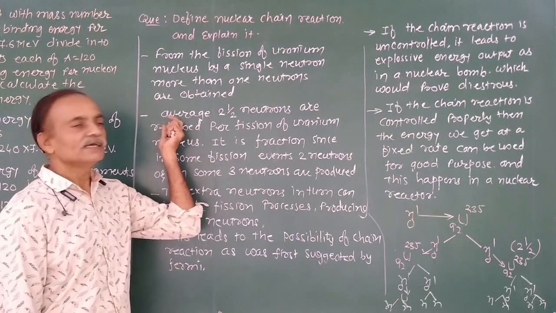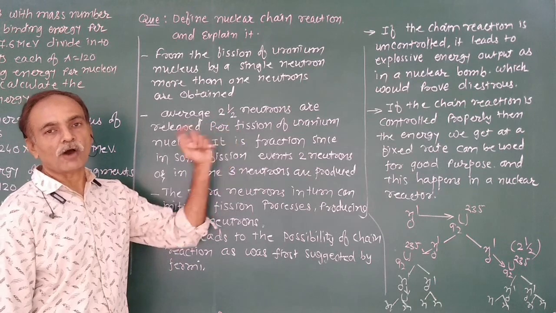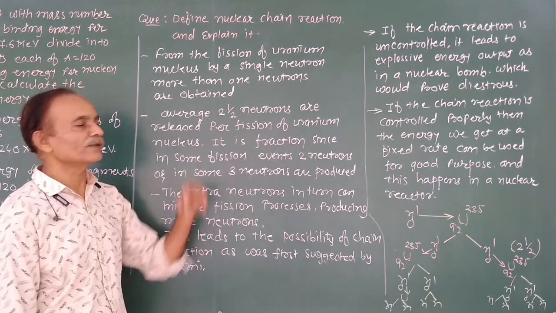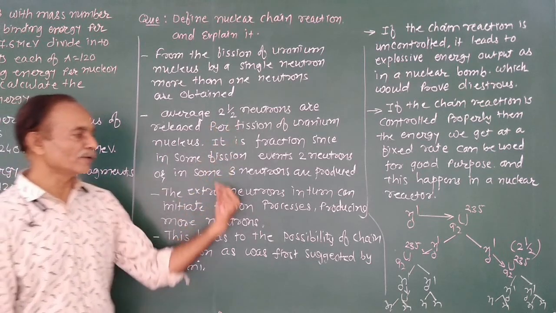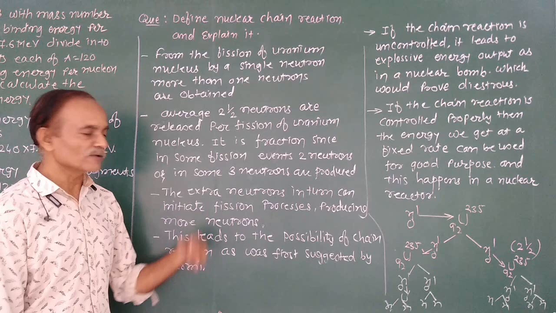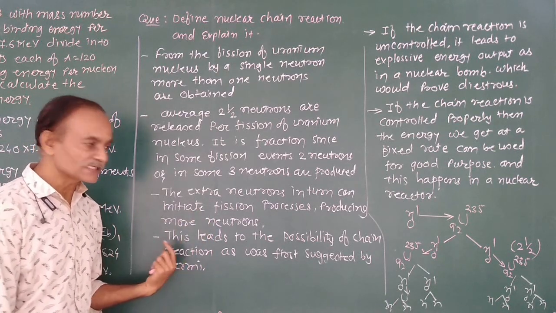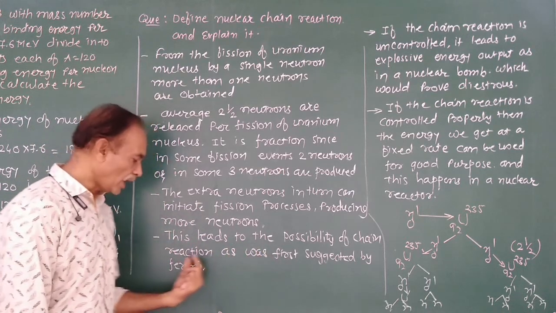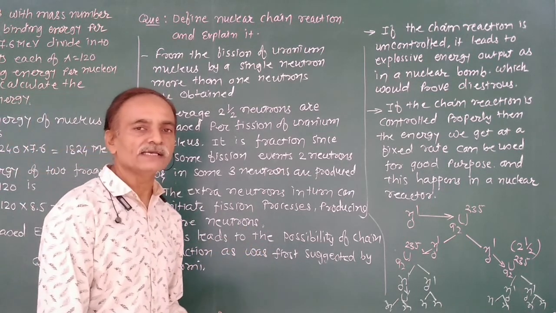Therefore, we consider the average value of neutrons produced by each fission of each uranium nucleus as 2.5. And these extra neutrons produced can initiate the fission process and produce more neutrons. This fact leads to the possibility of the chain reaction that was first introduced by Fermi.